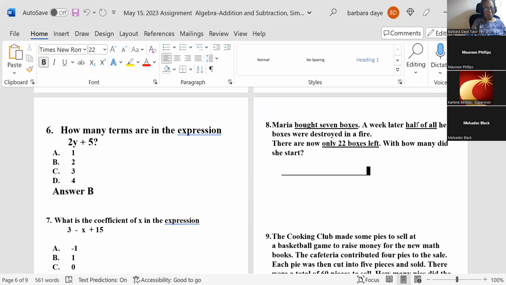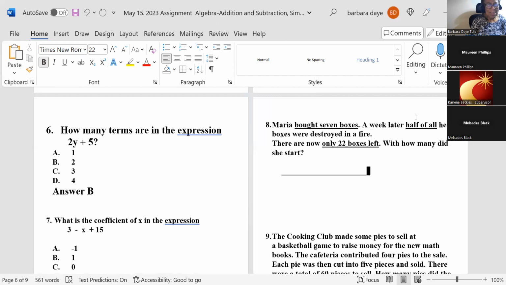Plus. With how much did she start? I'm not sure my answer is right. What's your answer, Mercedes? 32.5. Oh no. It's not a fraction. I would say that she started with, I don't know, about 18 boxes.